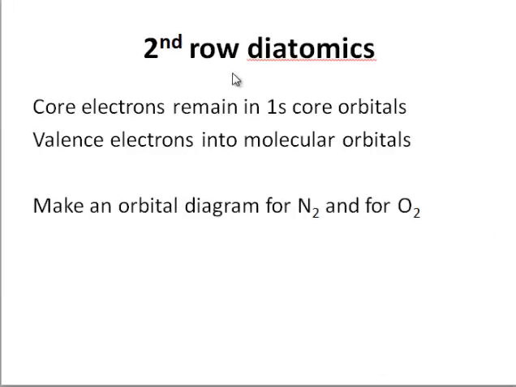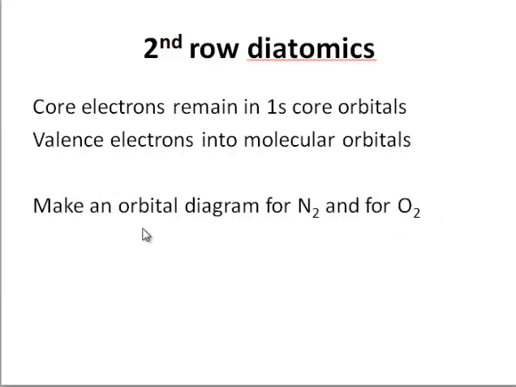So again, for second row diatomics, core electrons remain in 1s core orbitals and don't engage in bonding. Those are closer to the nucleus, not even in the picture. Valence electrons go into molecular orbitals made from the valence atomic orbitals.